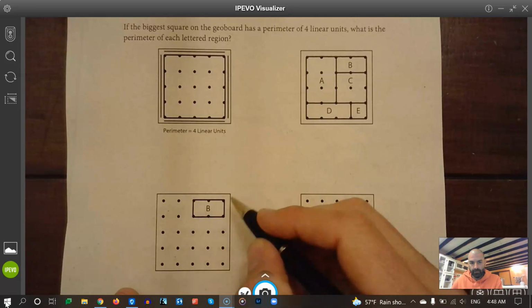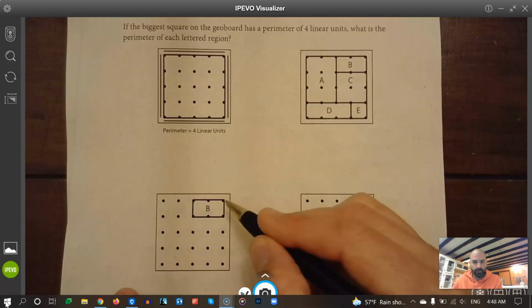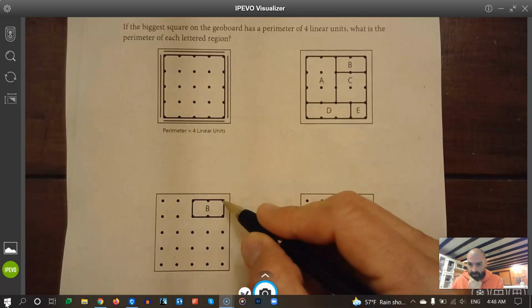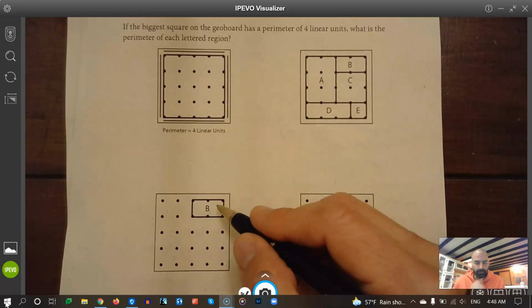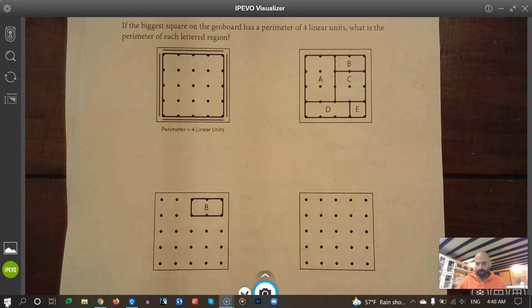If this whole thing is 4 linear units, because this side is 1, this side is 1, 1, 1, what are the lengths of B? And we're going to be just thinking about perimeter for now. So first, try and figure out what the lengths are for B, and then we can start talking about perimeter.